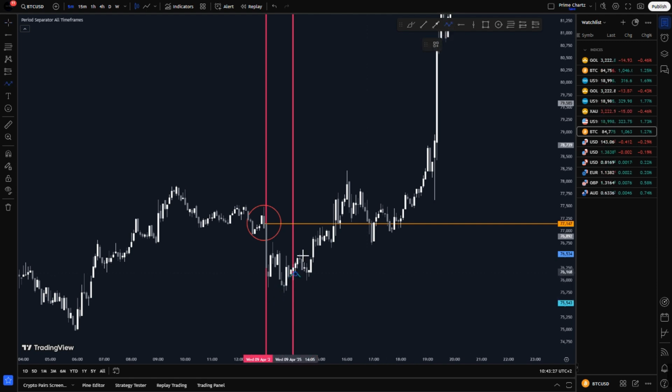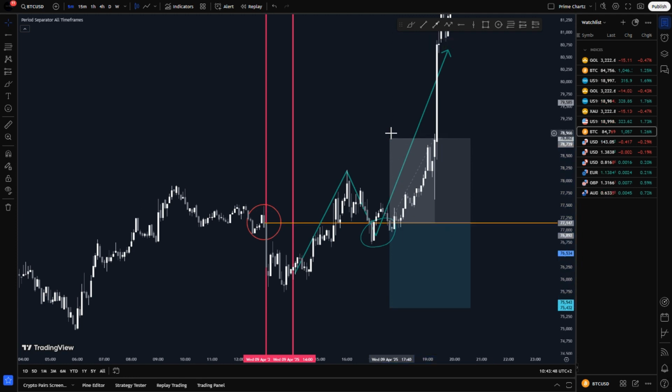Price pushed to the upside, broke our opening price line, then came back to retest, and boom, reversed back to the upside. Classic 714 method behavior right there. And as you can see, guys, it gave us a clean buying opportunity. So from this, it's pretty clear both variations actually work. You just need to choose the one that best suits your trading style and stick with it.